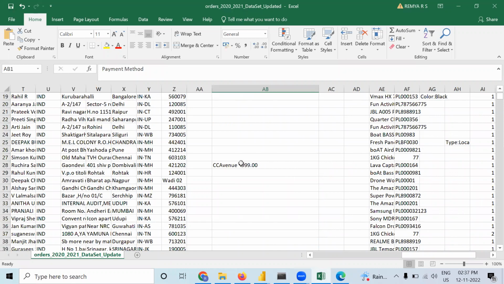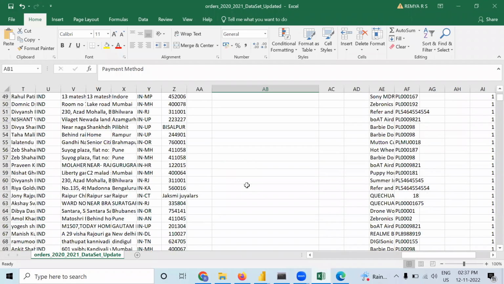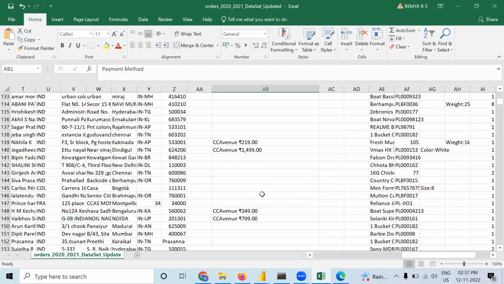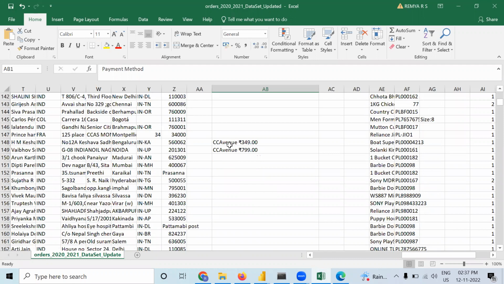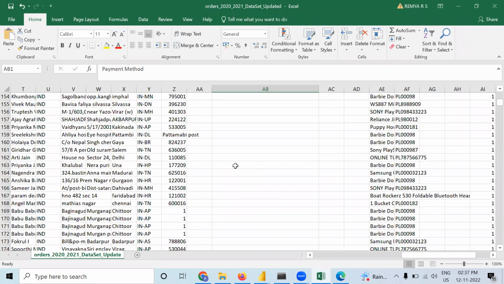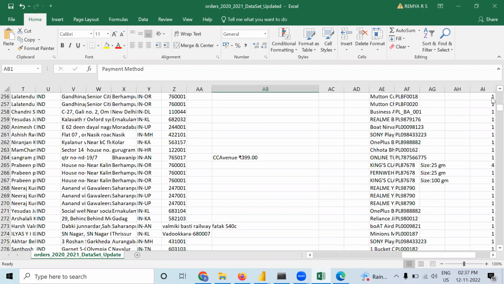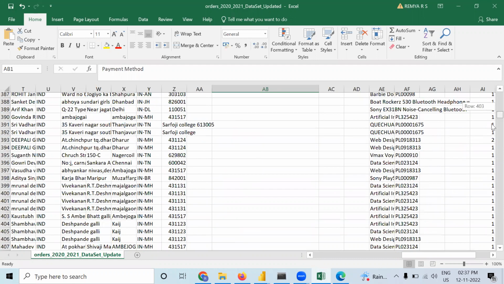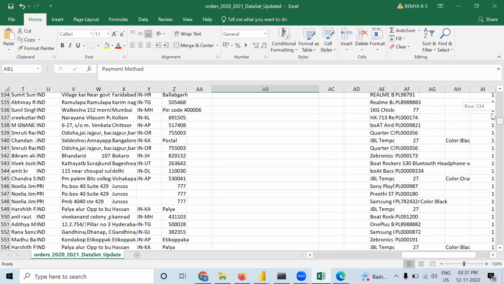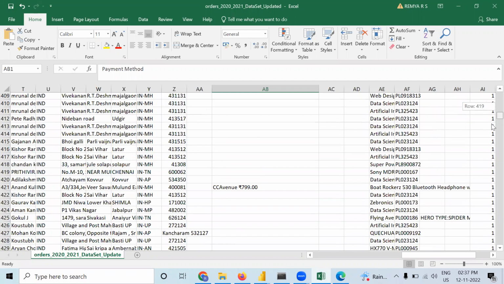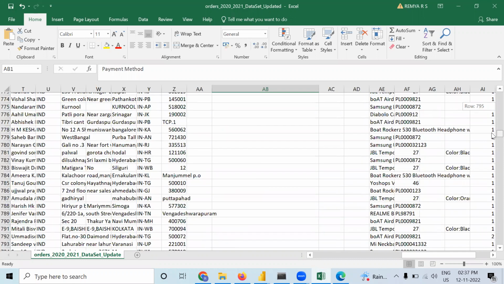You can use this symbol or space as a delimiter and split them into two columns so that you can get the payment method out of it. That is where the splitting function can be used. This amount is not required. You only need to know the type of payment, that is CC Avenue and offline method. So using the delimiter, you can split them. Here the rupee symbol is the delimiter.